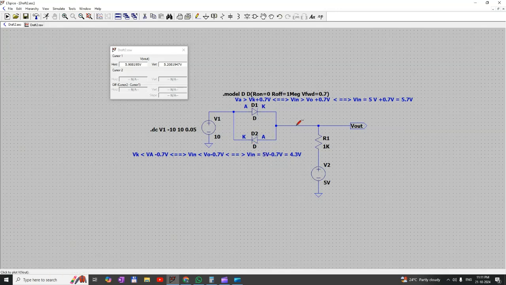So when we apply V in as 4.2 volt, V out is equal to V in plus 0.7 volt, which is 4.9 volt.